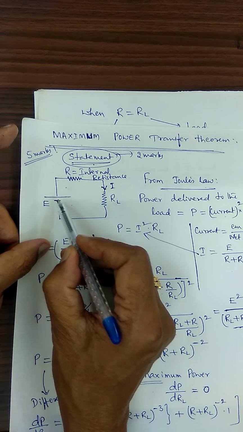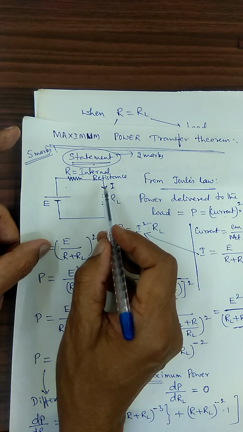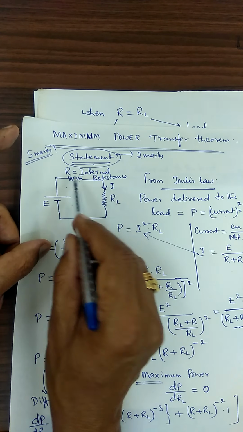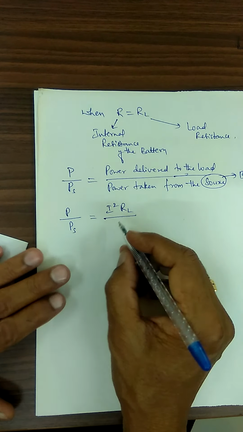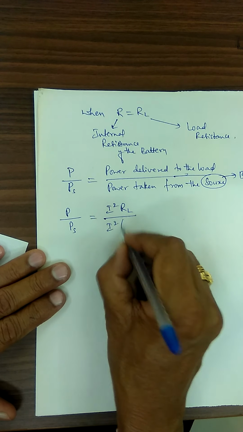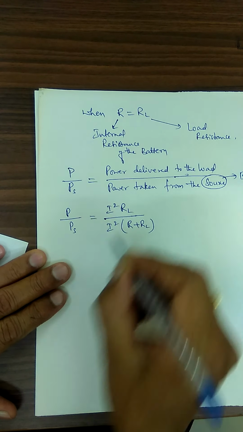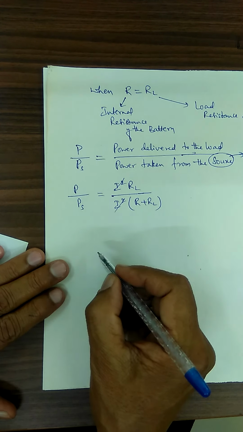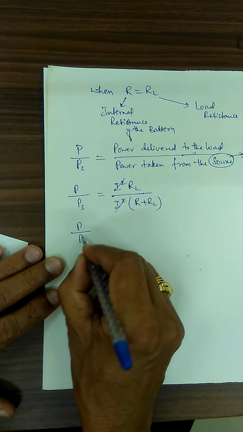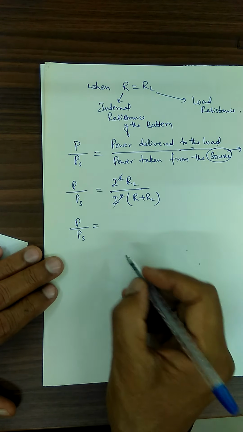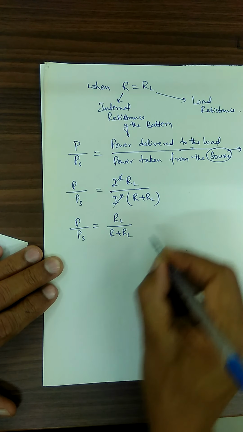Power taken from the source, whatever power has been borrowed, is equal to current square into net resistance R plus RL. So that is equal to current square into (R plus RL). I square gets cancelled. So therefore, P divided by PS is equal to RL divided by (R plus RL).